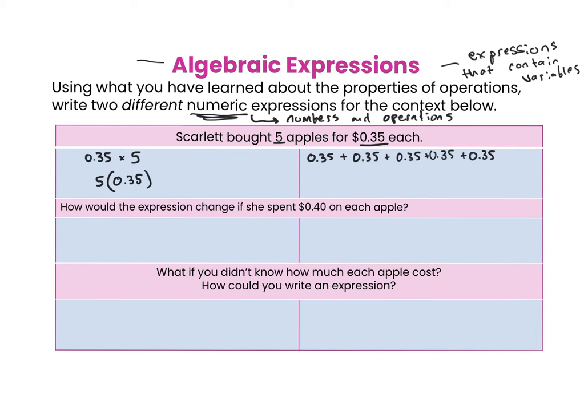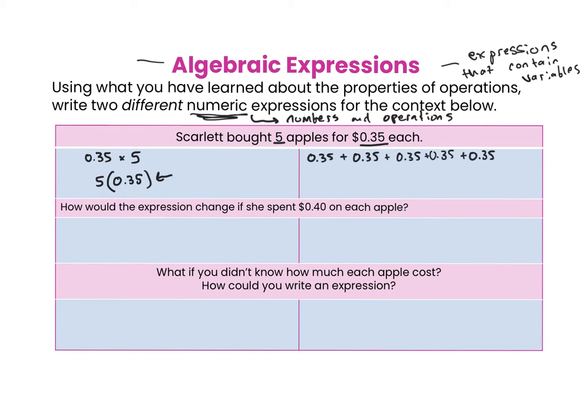So these are equivalent expressions. Multiplication is just repeated addition. 5 times 35 cents is going to be the same thing as 35 cents plus 35 cents plus 35 cents plus 35 cents plus 35 cents. Those will equal the same value.